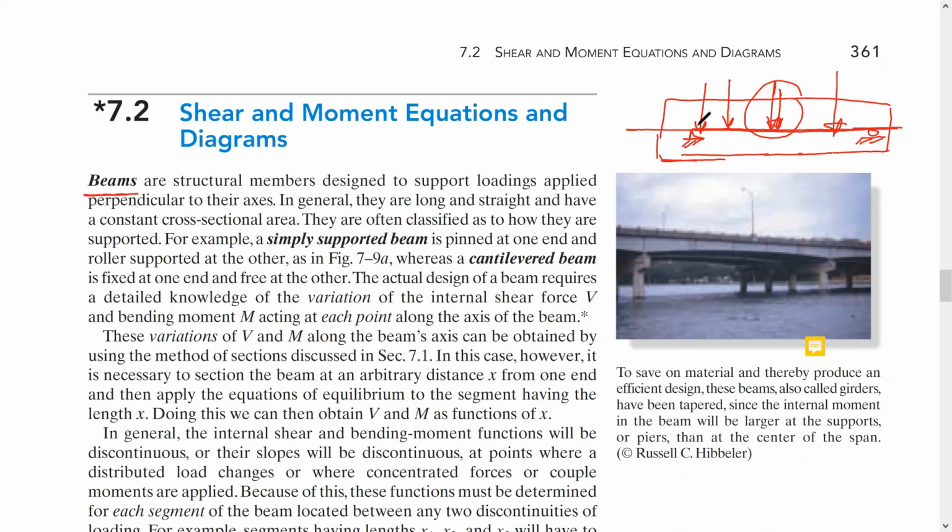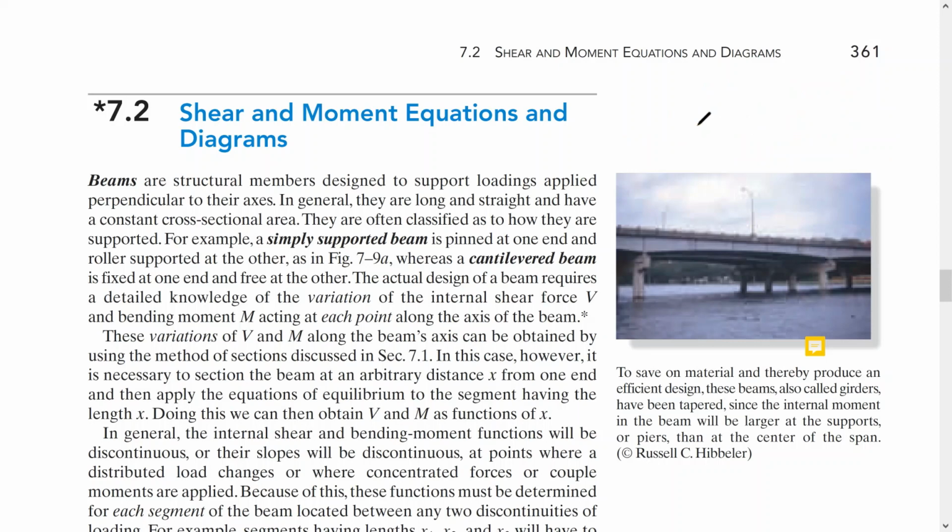Okay, and they are classified by how they are supported, okay? So we do have a simply supported beam as the one I just showed you right now. And when I say it's a simply supported beam, it's just like a beam pinned at one end and there is a roller at the other end.